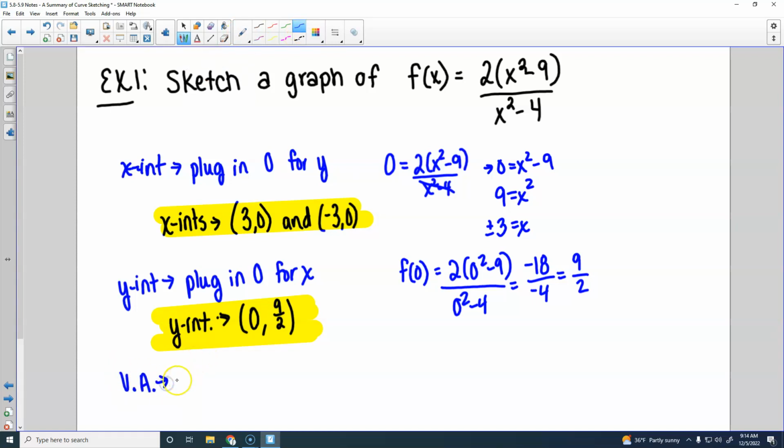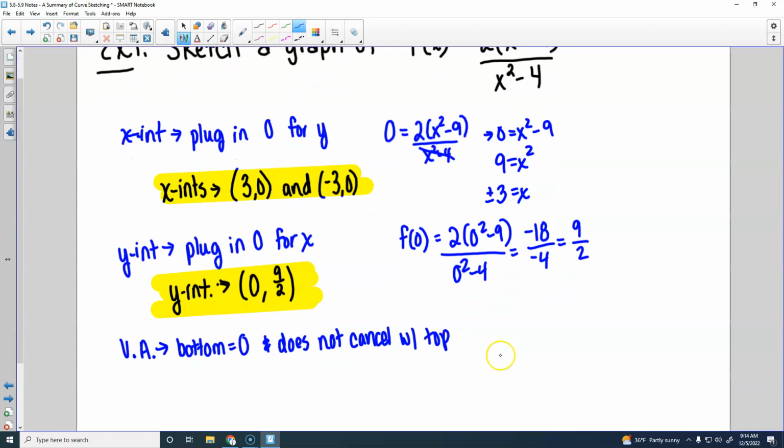So vertical asymptotes. And I'll put a short little summary here so we remember: bottom equals 0 and does not cancel with top. So in this particular case, x squared minus 4 would equal 0, so x squared equals 4, and we'll get x equals plus or minus 2.